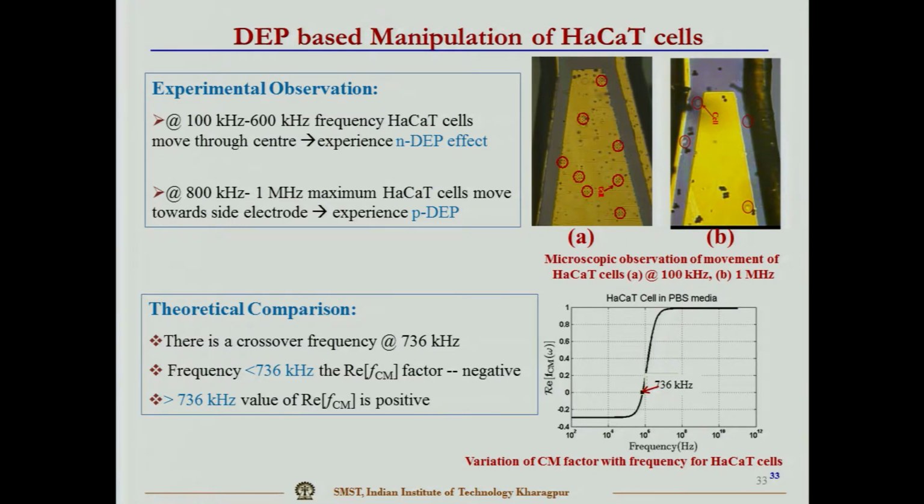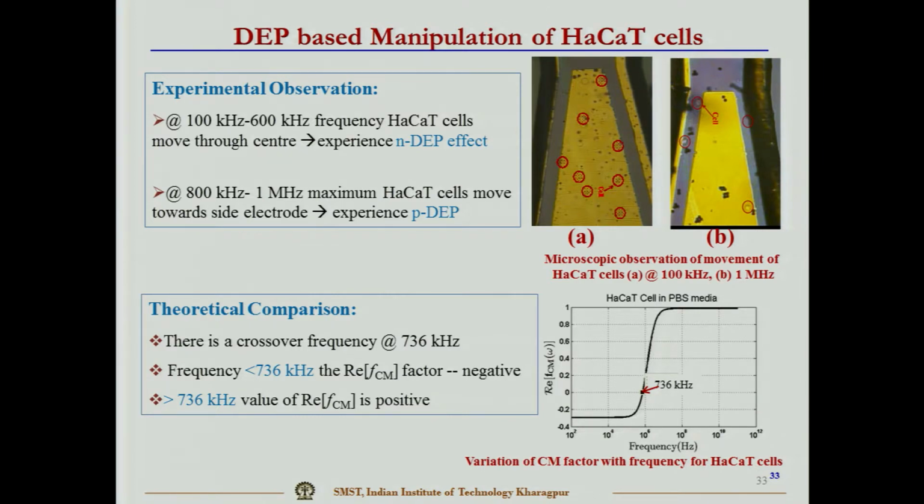This is the experimental result. In the theory, we observed the crossover frequency at 736 kilohertz. Crossover frequency means the force changes from negative to positive DEP, which we observed theoretically, and that is why at the lower frequency it is negative, but from around 800 kilohertz onwards it goes to the positive DEP force.